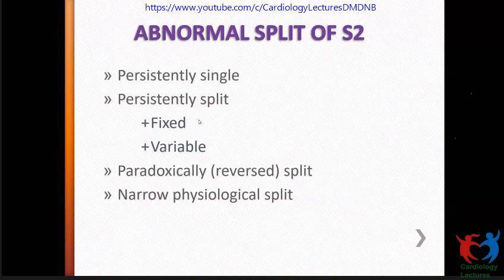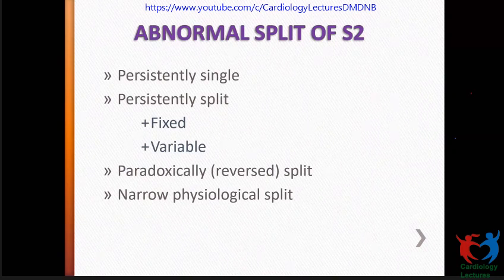Persistently split means it's a wide split, so it could be wide fixed, wide variable, it could be paradoxical. Then there is something called a narrow physiological split. That means there is a split on inspiration and single on expiration. Now people could call it a normal split because it appears the same way as normal, but it is narrower than normal.